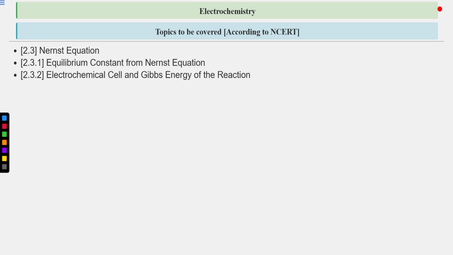Then the next subsection is 2.3.2, electrochemical cell and the Gibbs energy of reaction. The examples 2.1, 2.2, 2.3 will come under this topic, and in-text questions 2.4 to 2.6. That means 3 in-text questions and 3 examples we are going to cover.